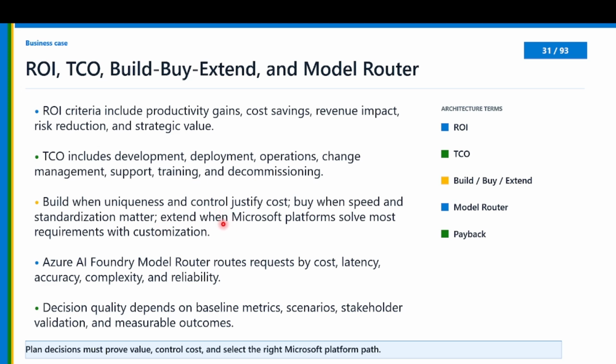Then extend when the Microsoft platform solves most requirements with customization.